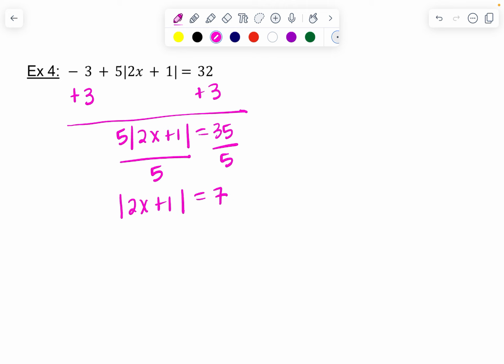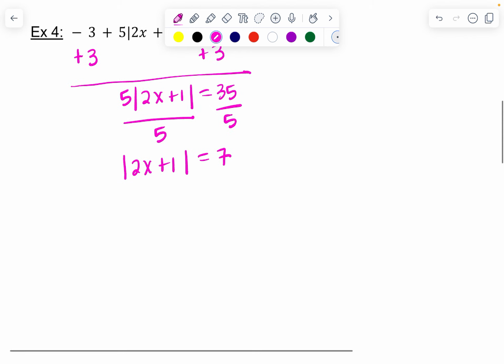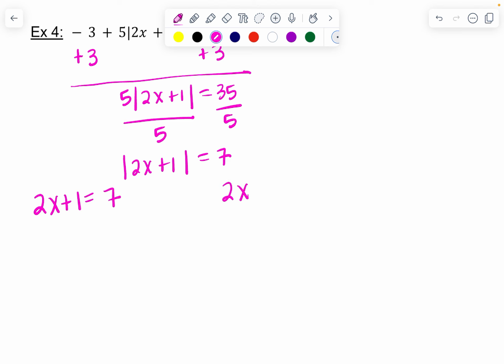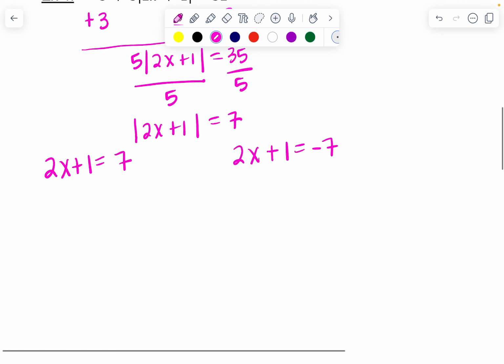Now I can split it. Now that I have just the absolute value part, I can split it into 2 equations. So I'm going to say 2x plus 1 equals +7, and 2x plus 1 equals -7, and I'll solve both of these.